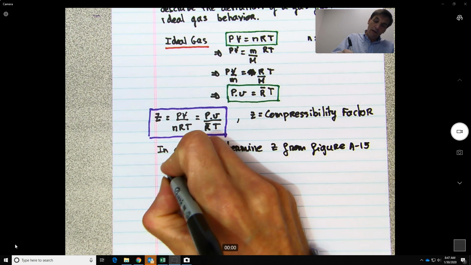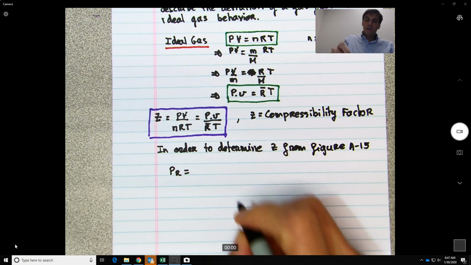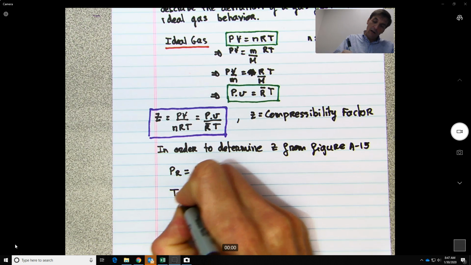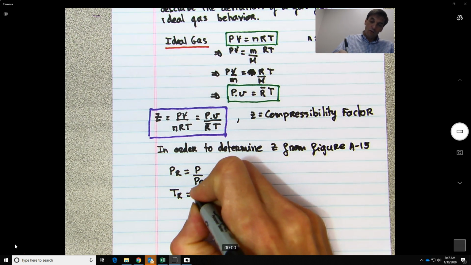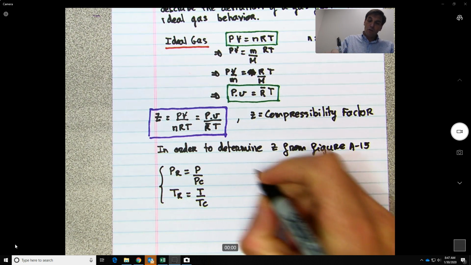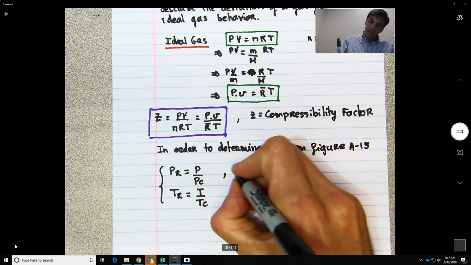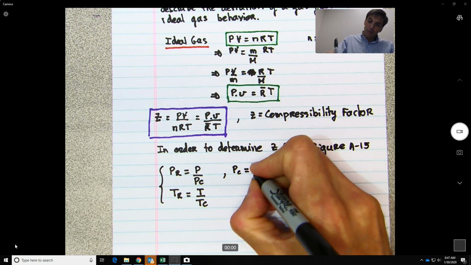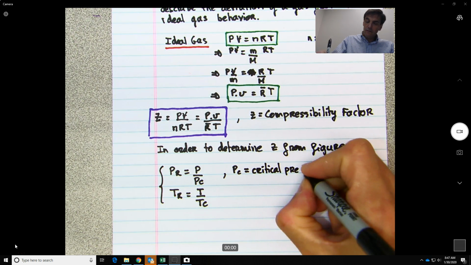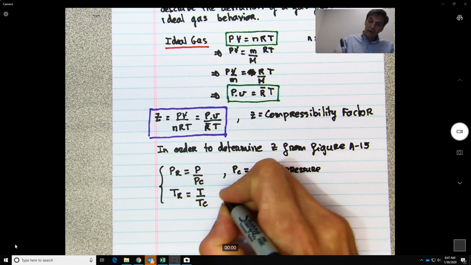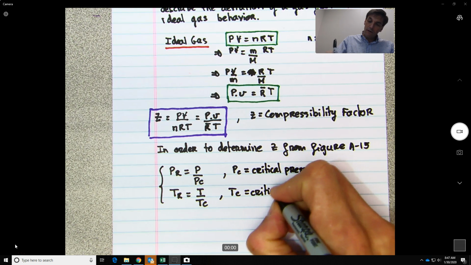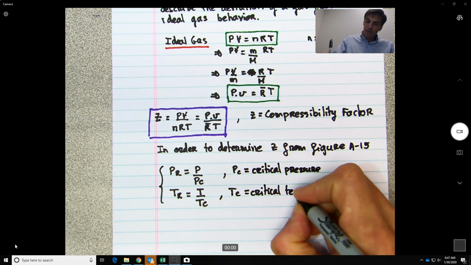So we have PR, which is equal to P over PC, and TR, which is equal to T over TC. So over here, PC is the critical pressure, and TC obviously will be the critical temperature.